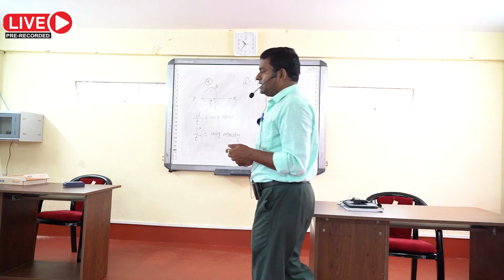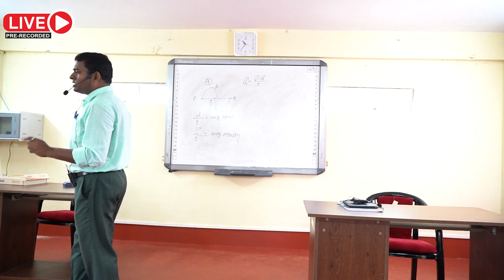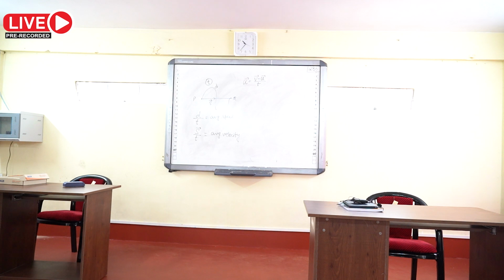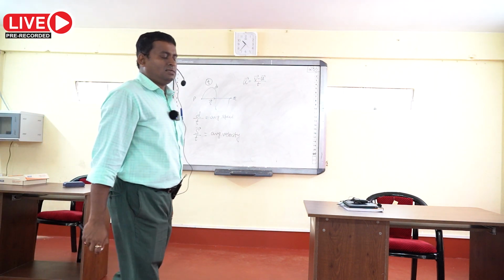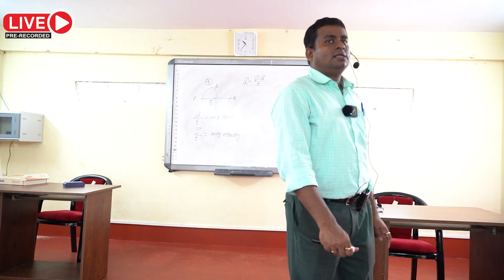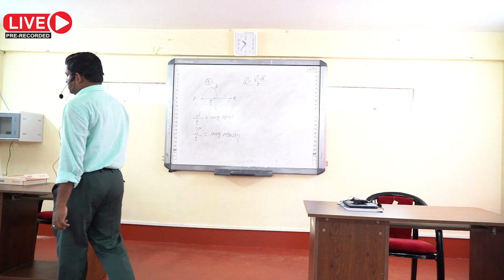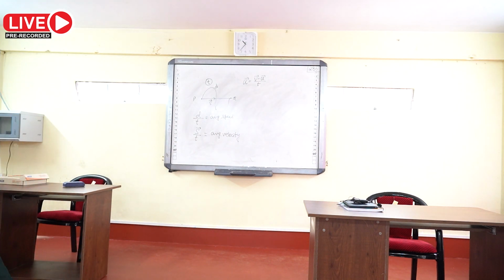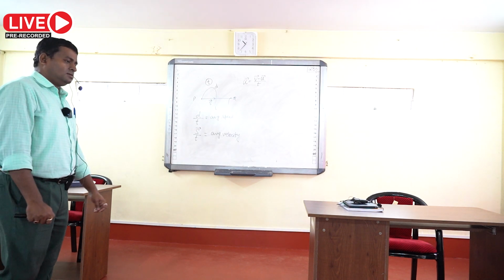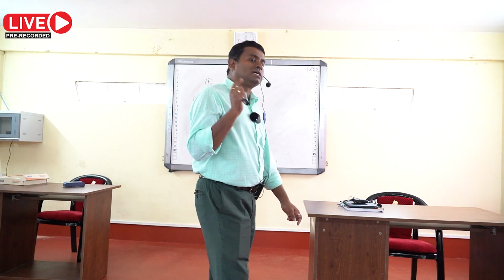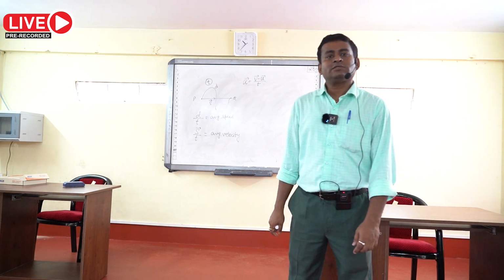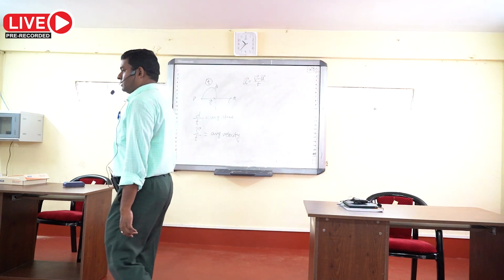So write down initial velocity and final velocity means the first and last velocity recorded by the observer. First and last velocity recorded by the observer.